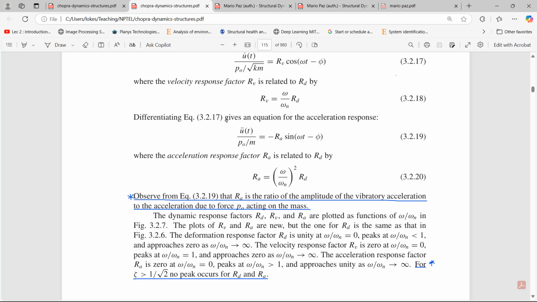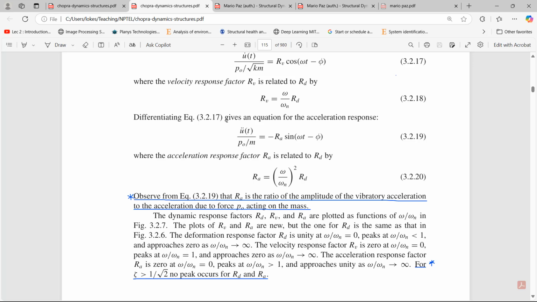When Rd is close to 1, and since we already know this omega n, we can multiply by omega n square: omega n square u of t is equal to ug double dot sine omega t minus phi. When Rd is close to 1, the error between the actual acceleration of the ground and the measured acceleration would be very small.